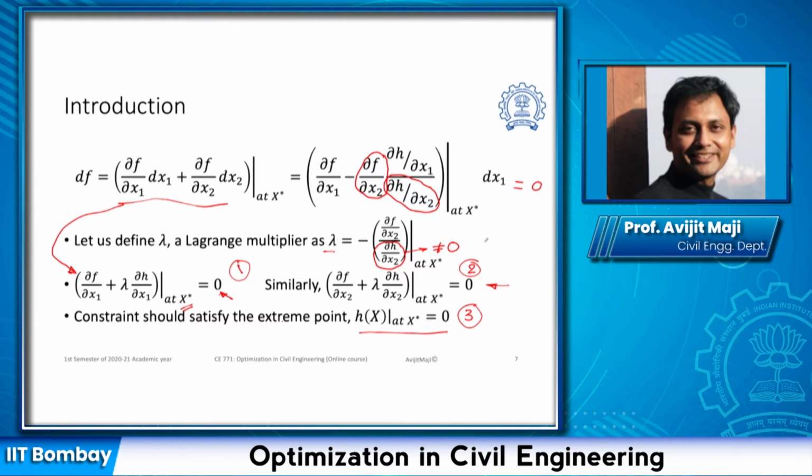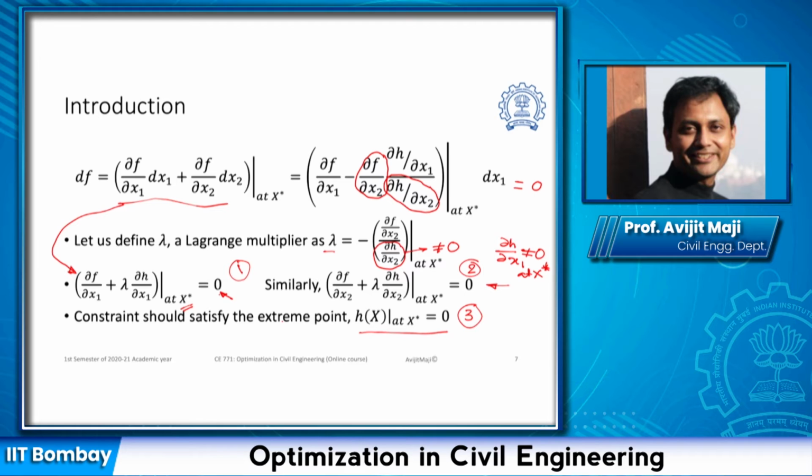Similarly, if we are replacing or expressing dx1 in terms of dx2, this term is going to be ∂h/∂x1, and that has to be not equal to 0 at x star.